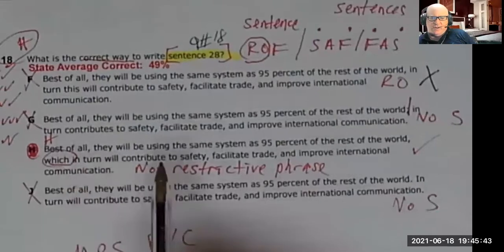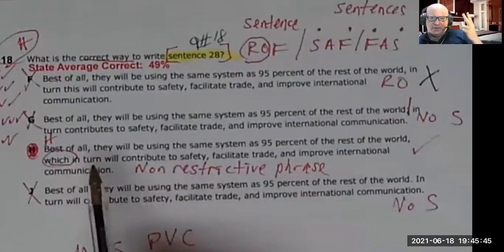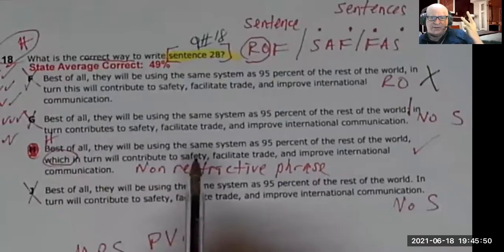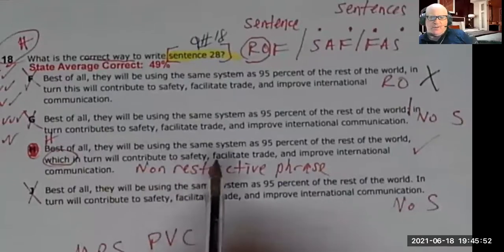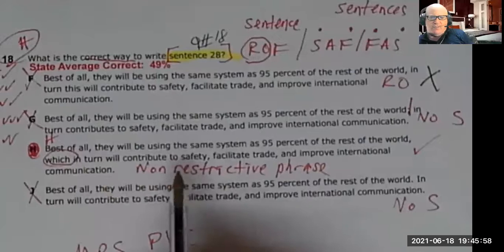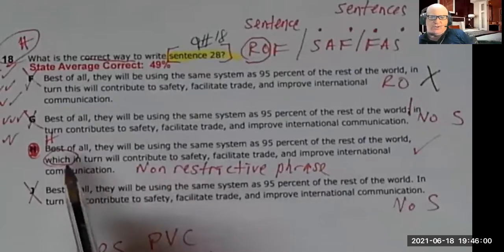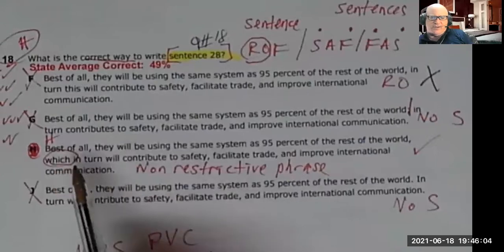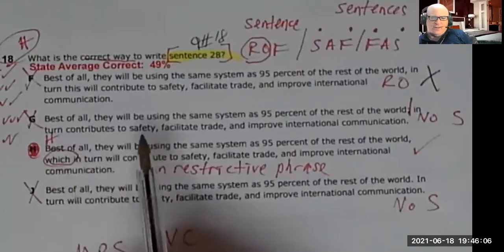In turn, will contribute to safety, comma, facilitate trade, comma, and improve international communication. So apparently, students did not know how to use commas followed by the word which told something more about whatever was in the first part of the sentence.